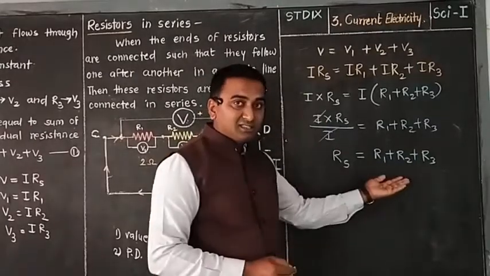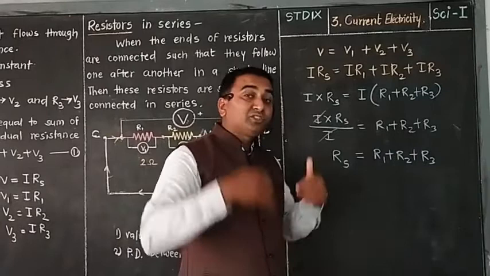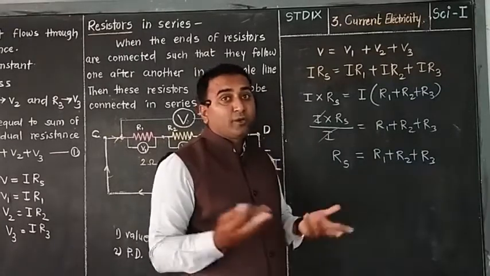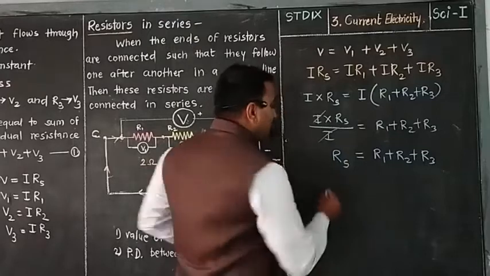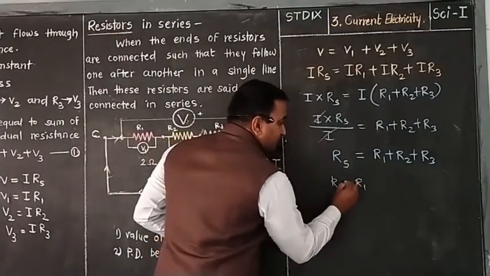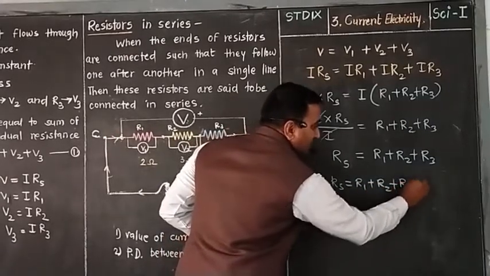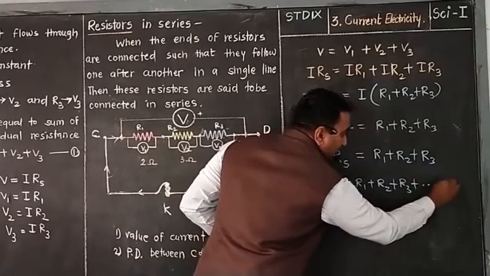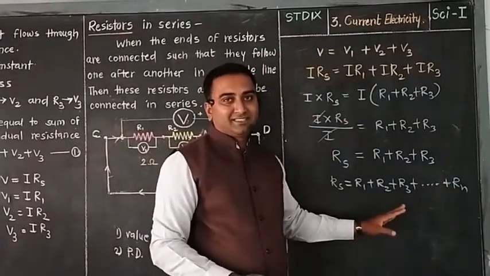Here 3 resistances are there, so only R1 plus R2 plus R3. Suppose there are n resistors, we don't know how many are there, so we are going to consider n. So RS is equal to R1 plus R2 plus R3 plus up to Rn, meaning nth number of resistances.